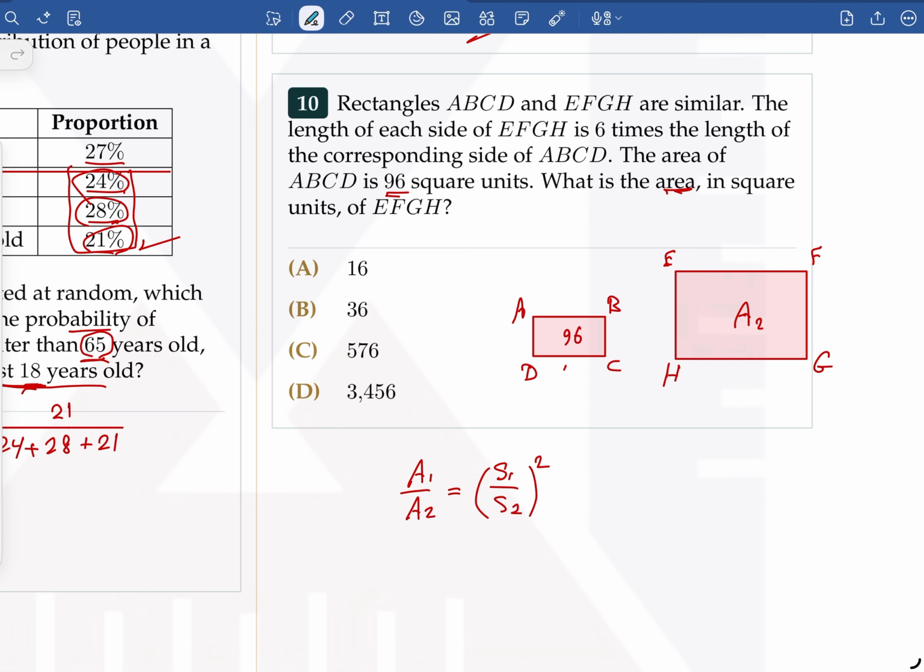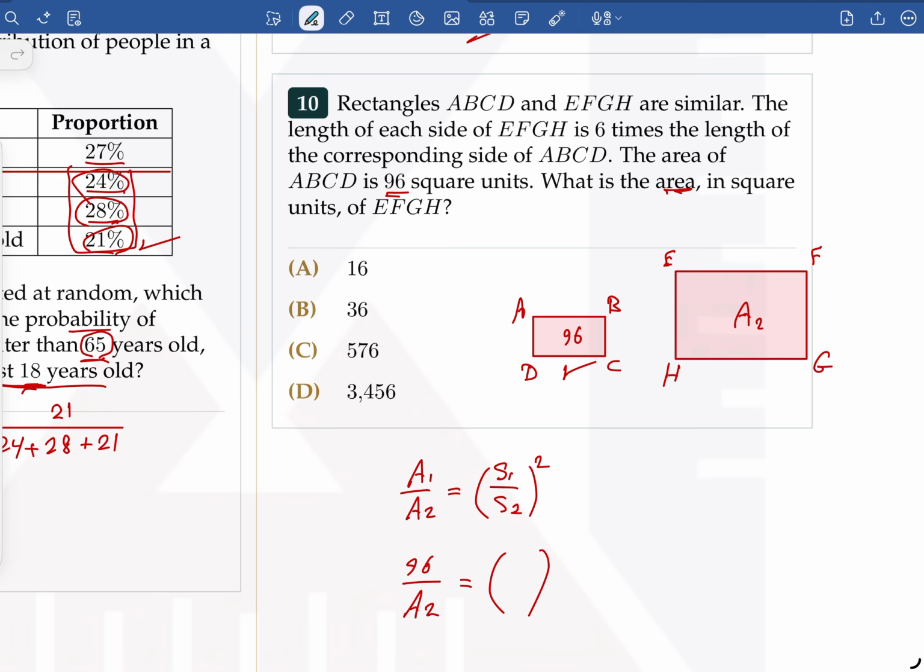A1 is the first area, which is 96, over A2, we don't know it, just keep A2, equals S1 over S2. But we don't know the value of S1 and S2, but we know the relationship between them. As I told you, if this is 5, this will be 30. You just multiply it by 6.